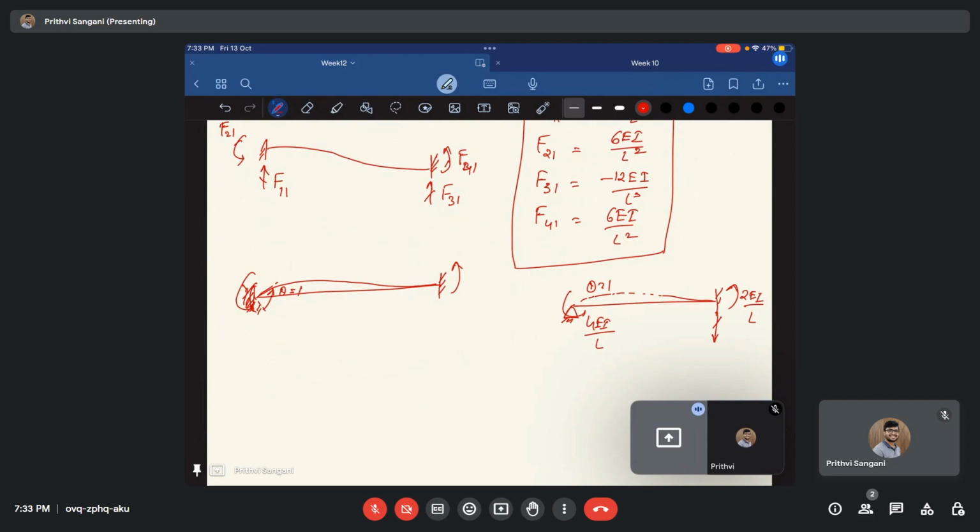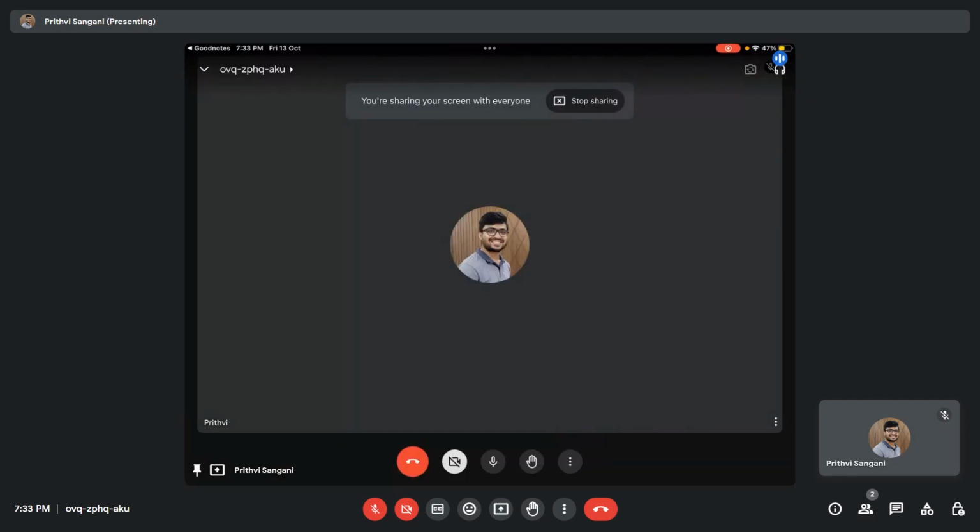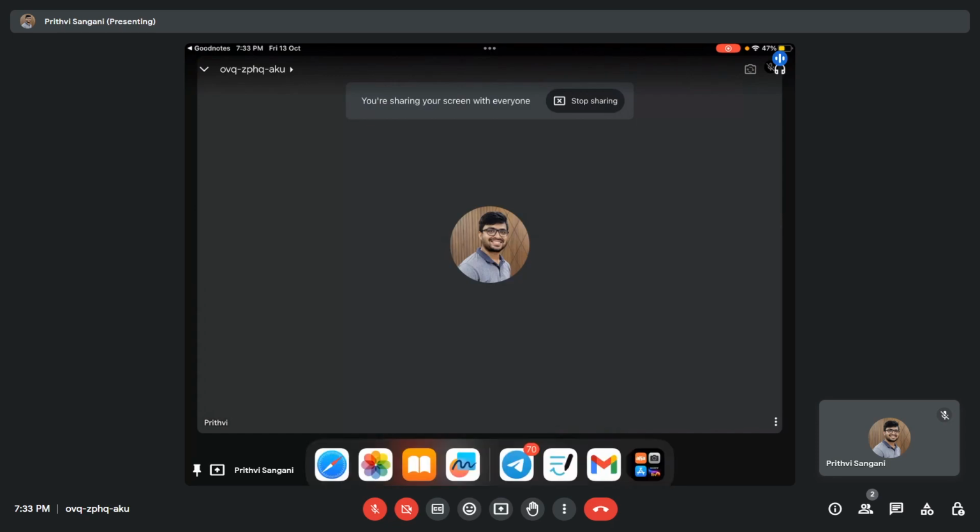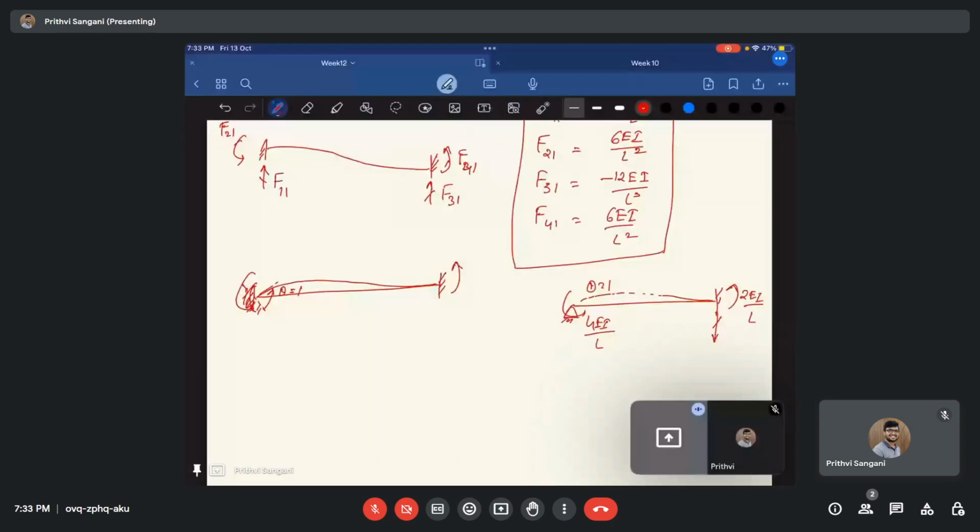This is downwards. That is going to be 2 plus 4, 6 EI by L square, and this will be upwards 6 EI by L square.